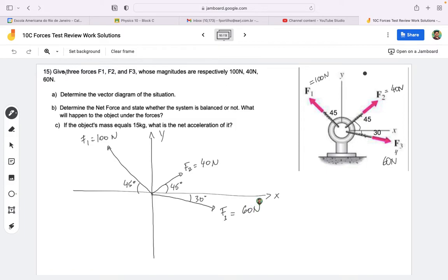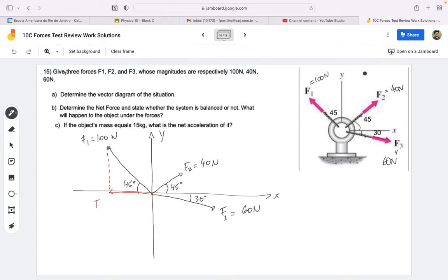All right. So now we're gonna resolve each of these vectors into their x and y components. So resolving them into components means that we're gonna have their projections on the x-axis and y-axis.